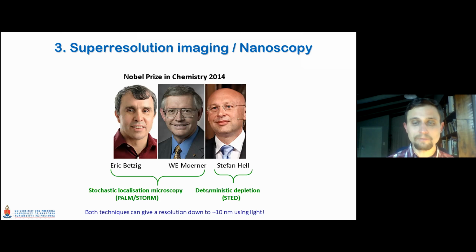And the other method is called deterministic depletion or STED microscopy. Also a very nice technique, but I'm not going to go into details now. And what is fascinating is that both these techniques can get an order of magnitude improvement in the resolution. So they can go down to 10 nanometers of resolution if it's done right. So using light, just using light.